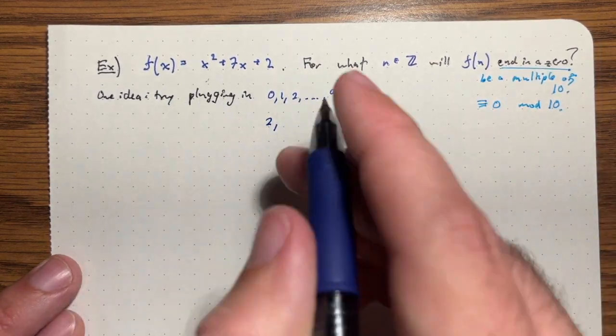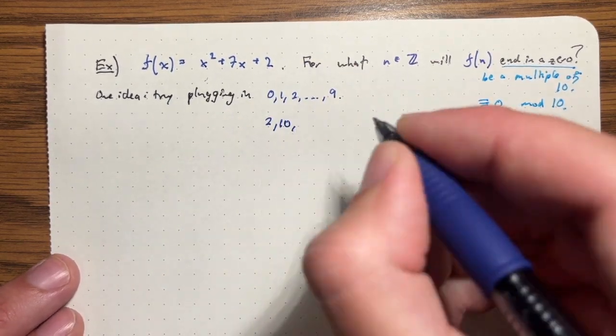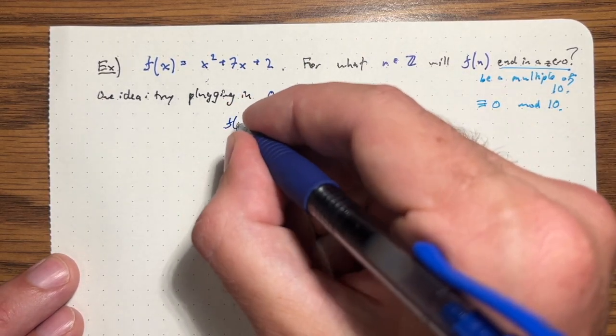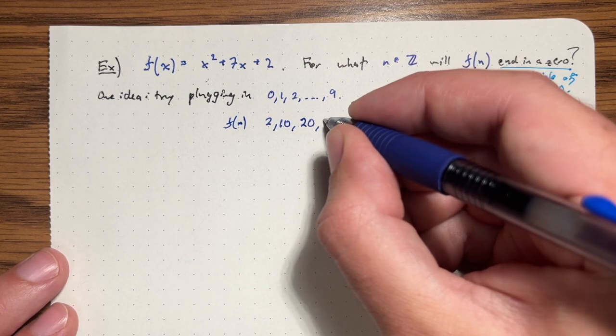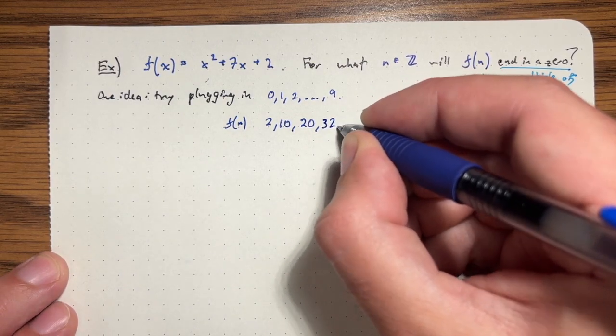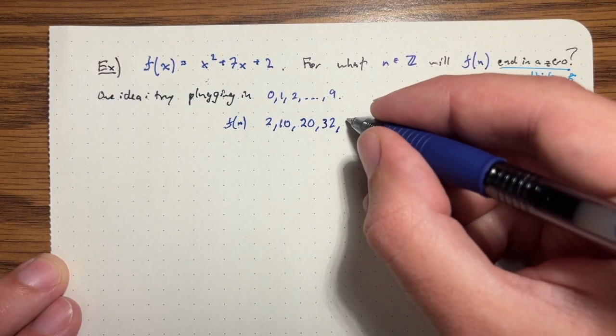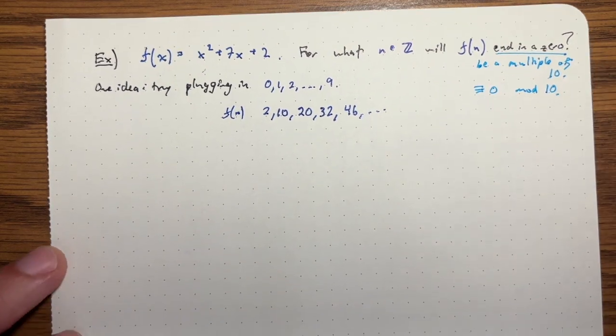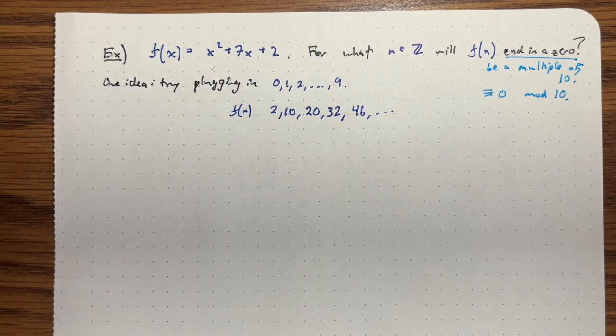If you plug in 1, you get 10, and then 20, then 32. You plug in 4, you get 46, etc. Some of them end in 0, some of them don't.